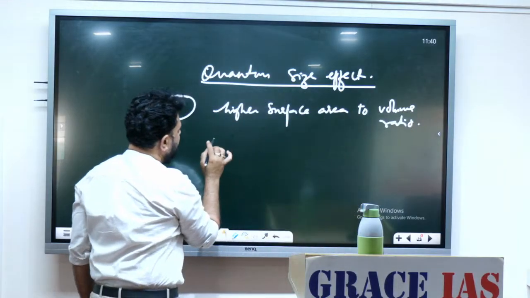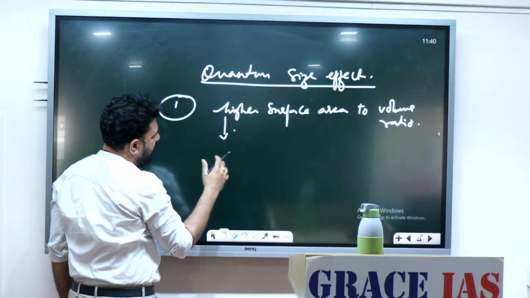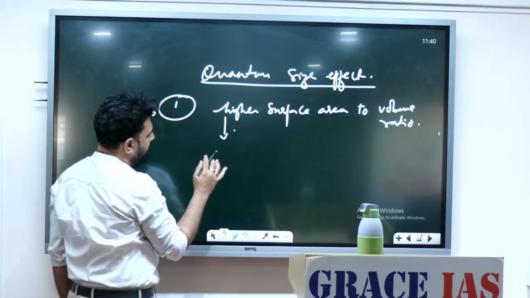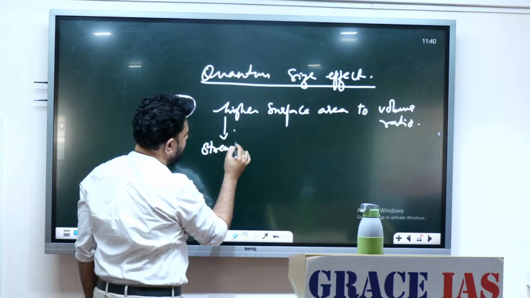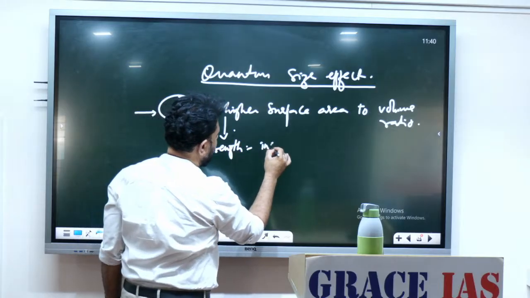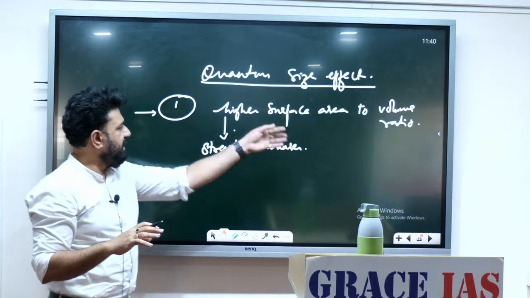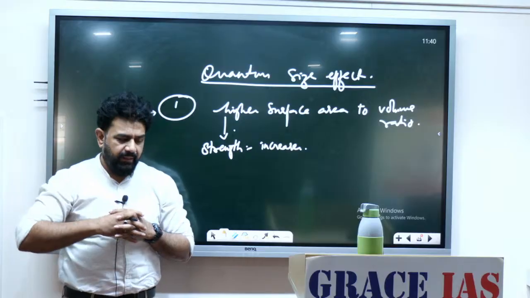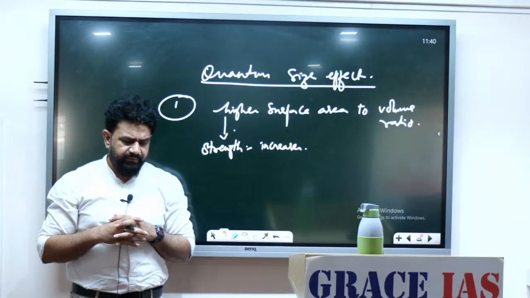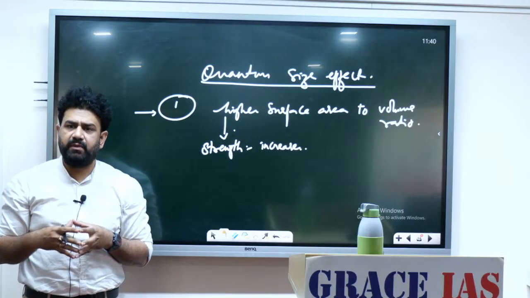Now, what will happen because of this is, though a small quantity of the material is used, its ability to bear strength increases. So, small quantity becomes stronger, which is actually opposite to what the normal modern physics principles would prove.